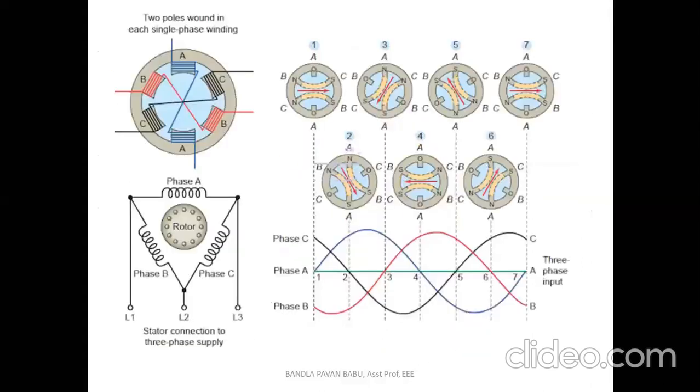How does it revolve? Look at the diagrams at an instant, positions 1, 2, 3, 4, 5, 6, 7. This will revolve at synchronous speed, denoted by Ns, equal to 120f by P, where f represents the fundamental frequency and P represents the poles. So these are the reference links for the rotating magnetic field, and we have a very clear idea about this.